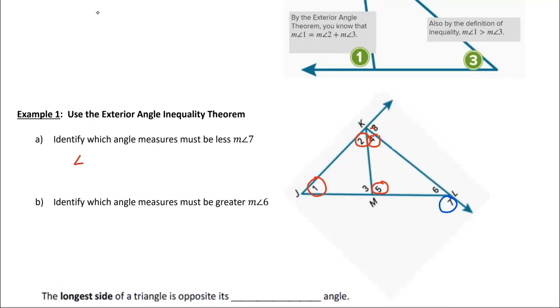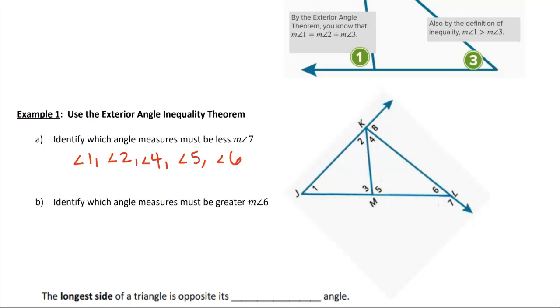So we have angles 1, 2, 4, 5, and then I would even include 6 as well because 7 is obtuse and 6 is its supplement. So I would definitely say 6 would also be one of the smaller angles because of that.